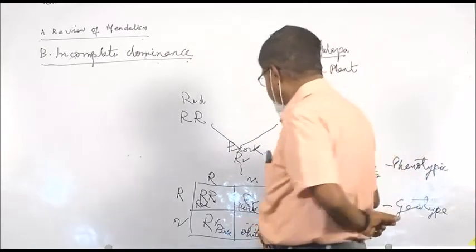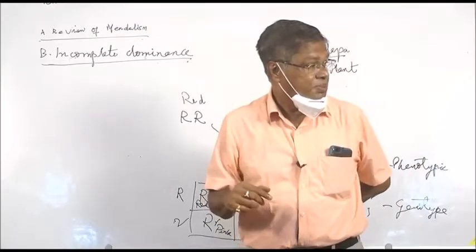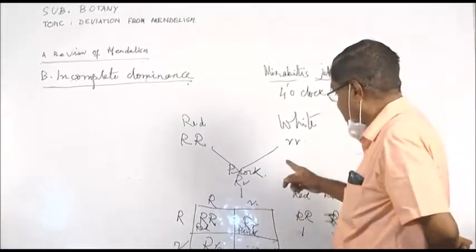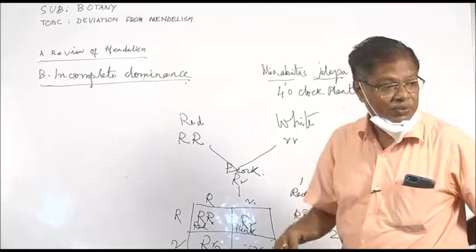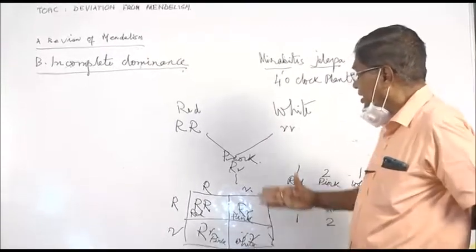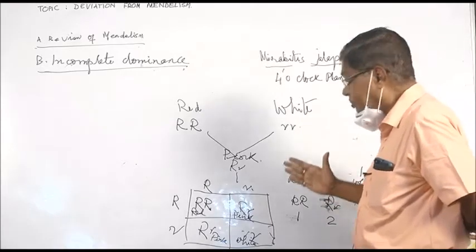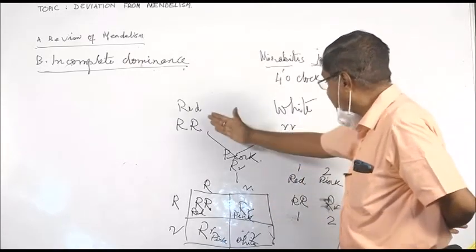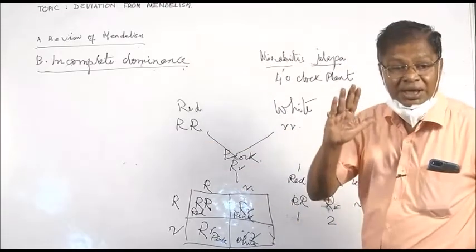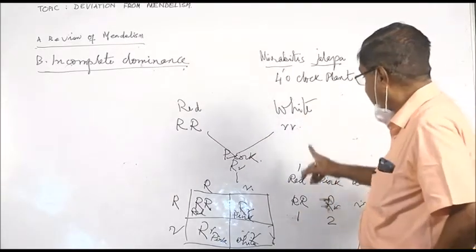The red color is not expressed in the F1 generation. Here we get pink color. The pink is the result of incomplete dominance of red over white, because red is not able to completely suppress the effect of white. So we are getting a pink color.